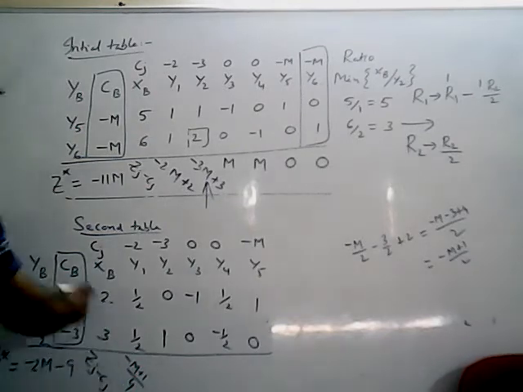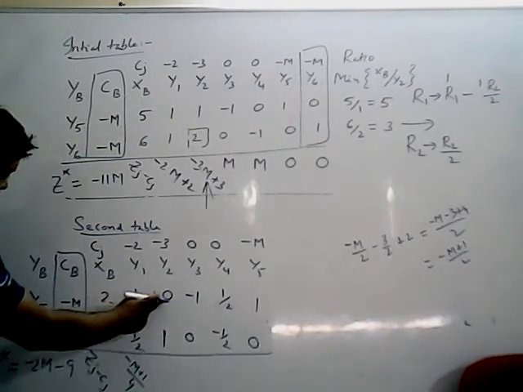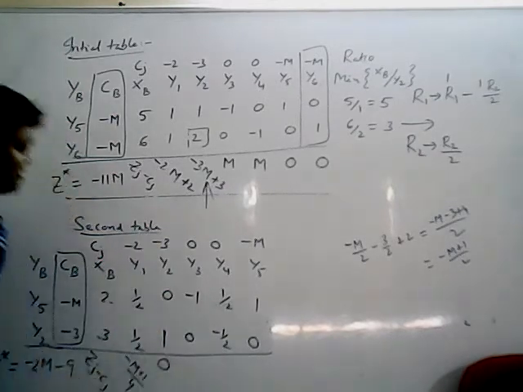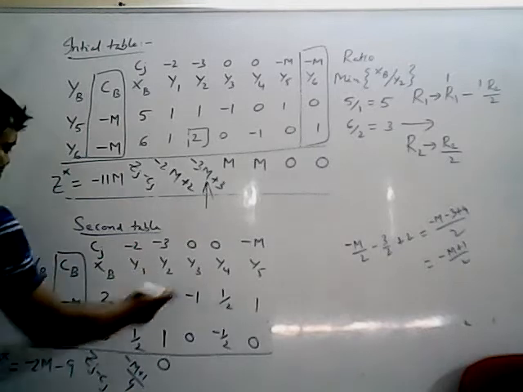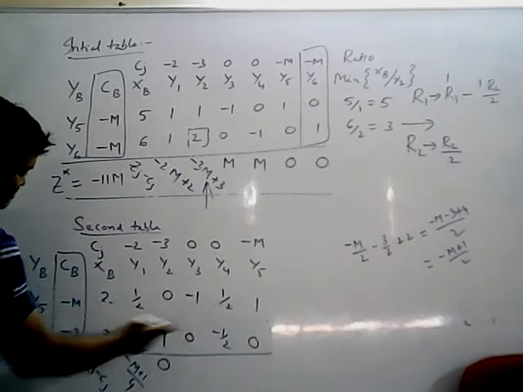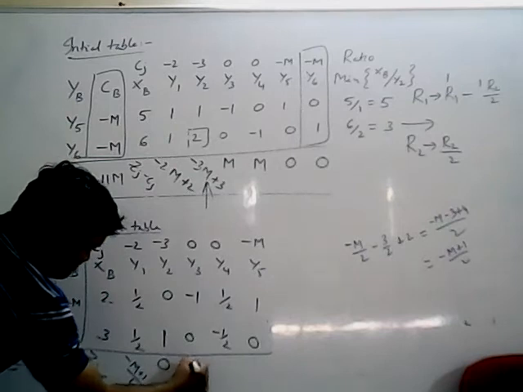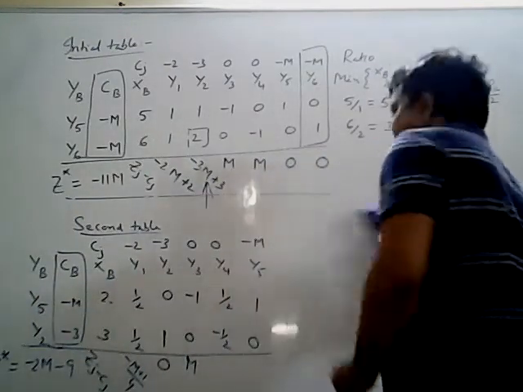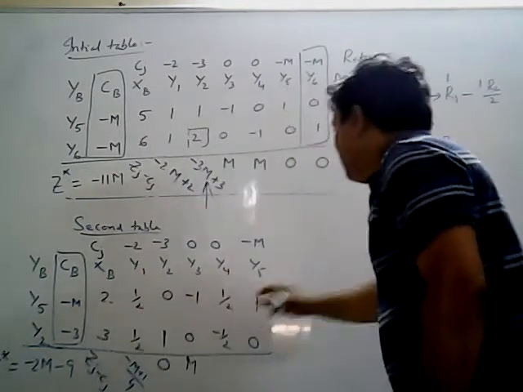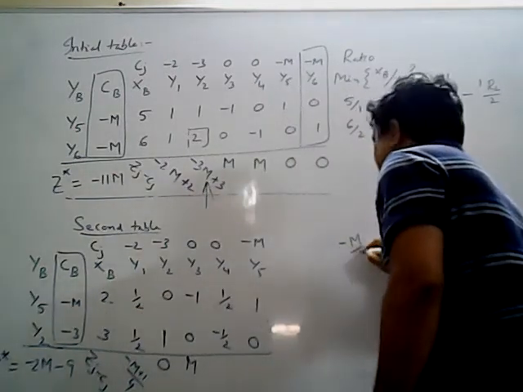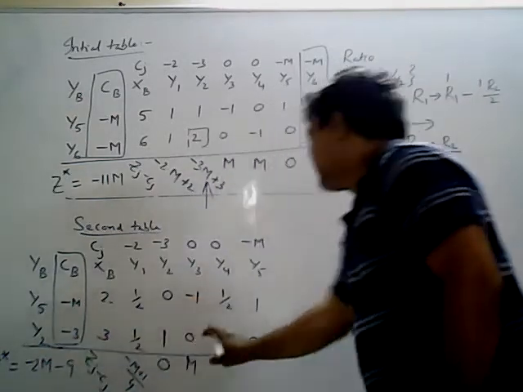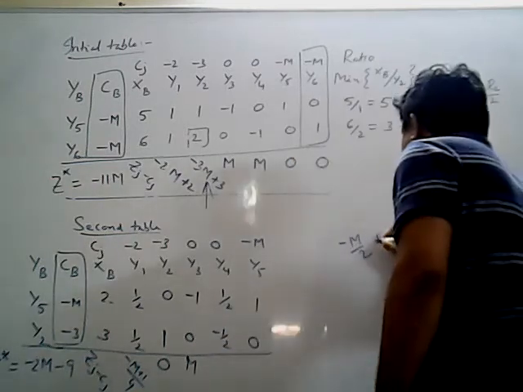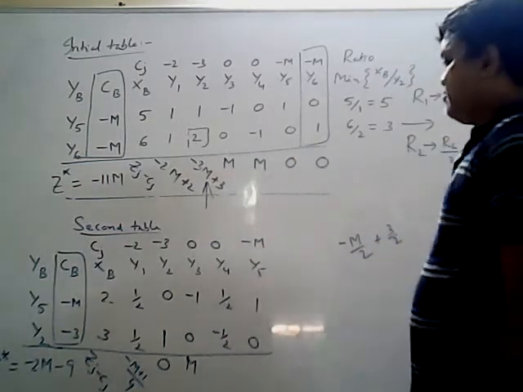Next, Cb into y2: minus m into 0 is 0, minus 3 into 1 is minus 3, minus of minus 3 plus 3 gives 0. Next, Cb into y3: minus m into minus 1 is plus m, minus 0 is m. Next, Cb into y4: minus m into 1 by 2 is minus m by 2, and minus 3 into minus 1 by 2 is plus 3 by 2.